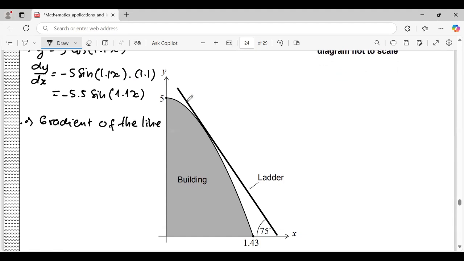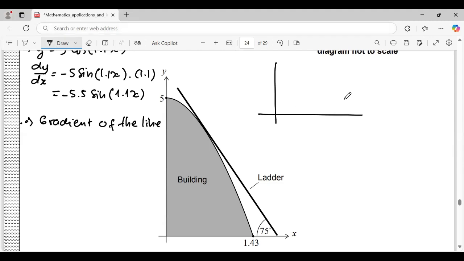Because if the line leans to the left, then the gradient is negative. I'm going to sketch it like this.